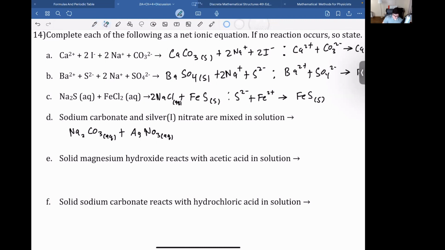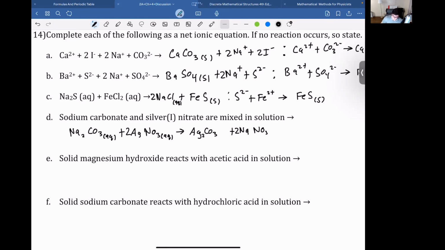You can write these as a double replacement first, right? That can make it easier. That's what I did for C. We have AgCO3 plus NaNO3, and there's going to be 2 of those to balance with the sodium. Wait, yeah, so this is Ag2CO3, so 1 of those.